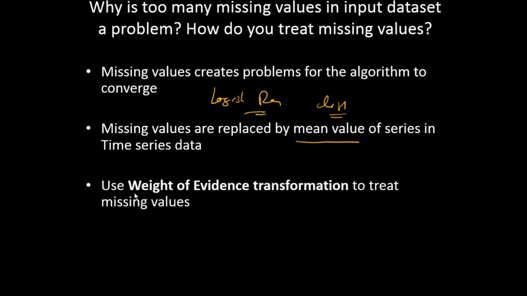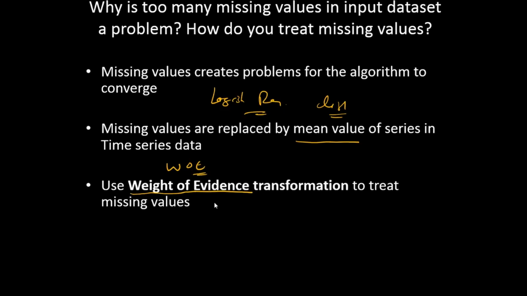One very well known technique used in industry is the weight of evidence, or in short we call it WoE. The WoE method of transforming your variables into WoE variables ensures that your missing values are taken care of.